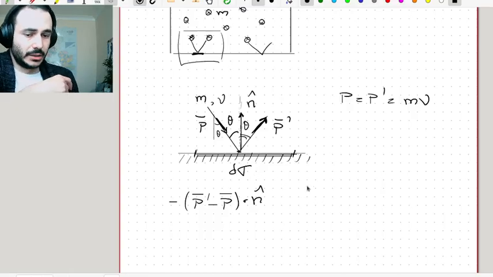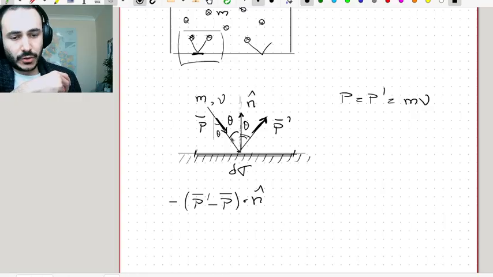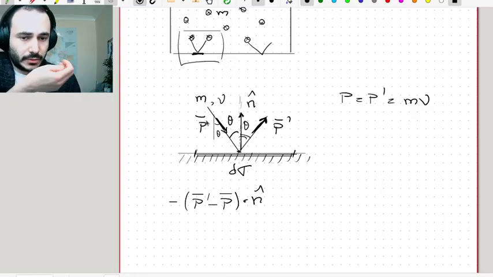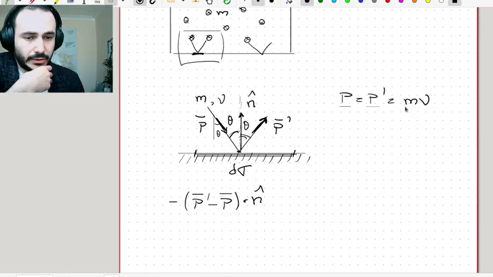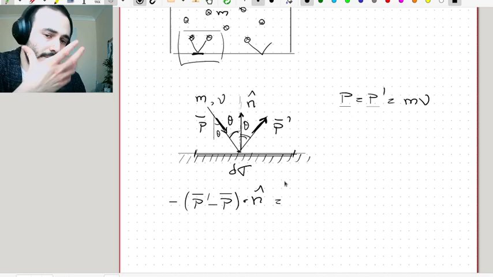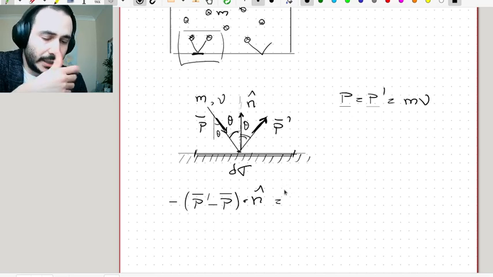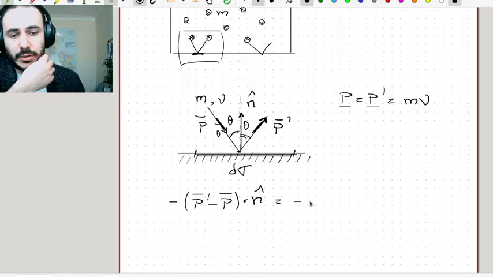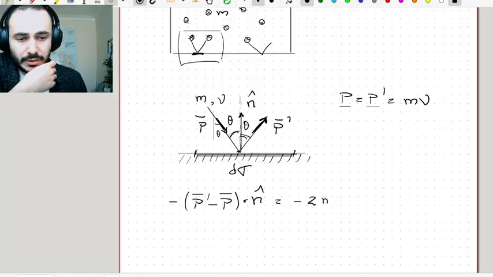Okay, so just looking at the picture here, because we know that this angle here is theta, and the other outgoing angle is also theta, and that the momentum is the same for both the incident and outgoing stages of the particle, what we have here is minus twice m v cosine of theta.